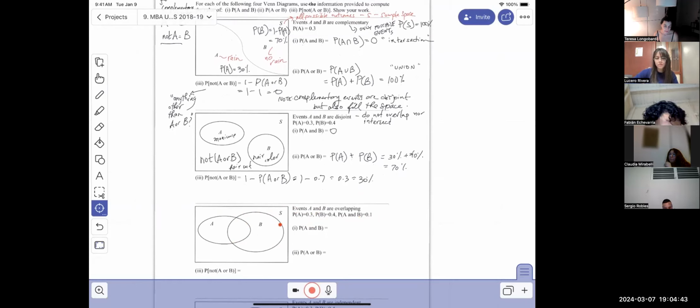Event A can happen, event B can happen, and what will we call this? That is the intersecting piece, or A and B. I've actually given to you what it is, otherwise you wouldn't know what it is just from these numbers.